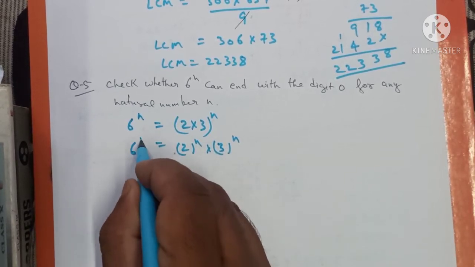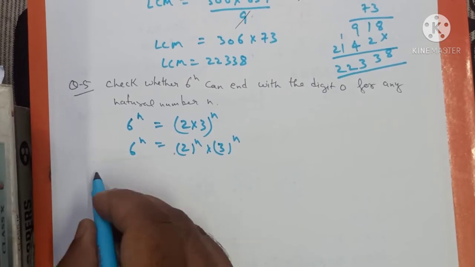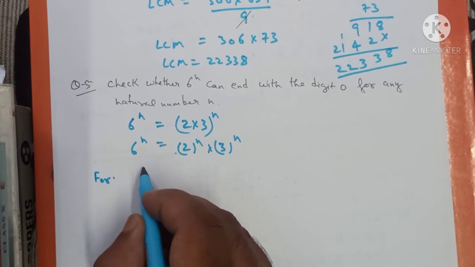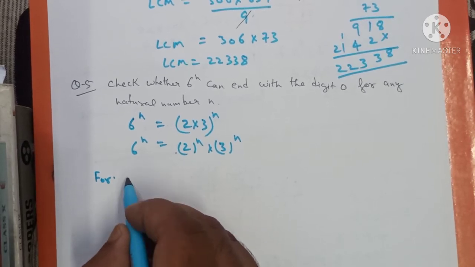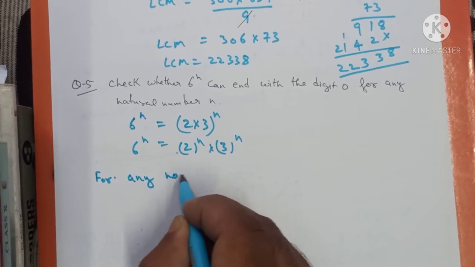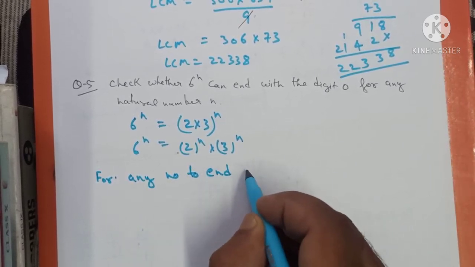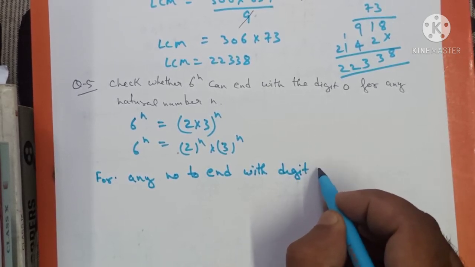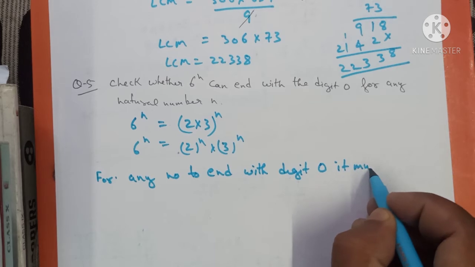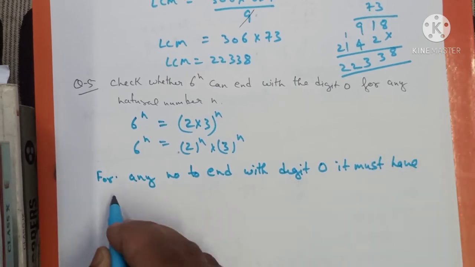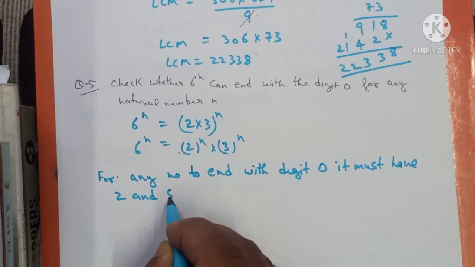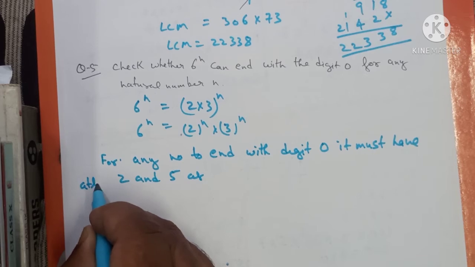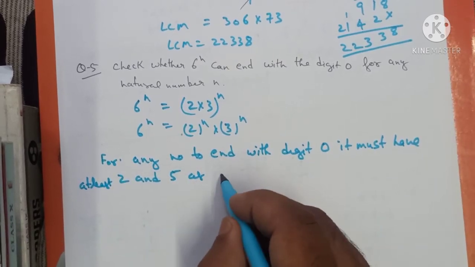So we know that for any number to end with the digit 0, it must have at least one pair of 2 and 5 as factors.